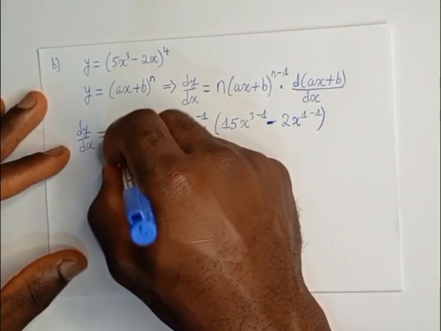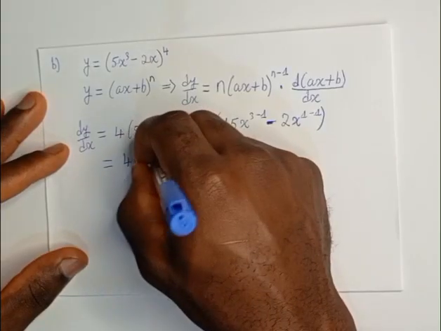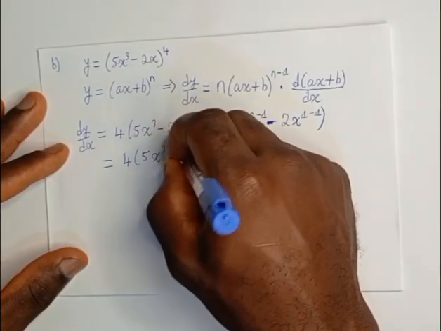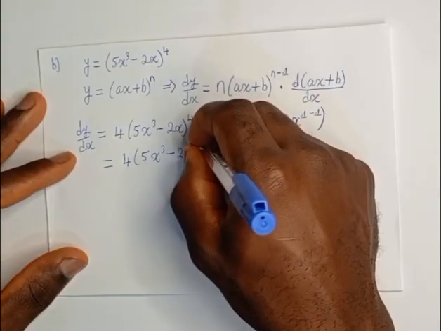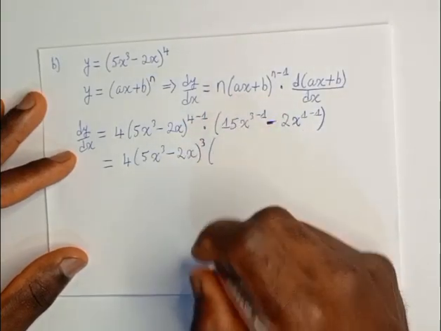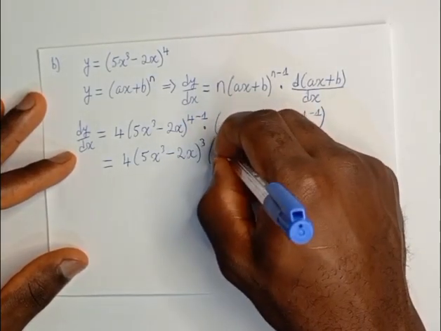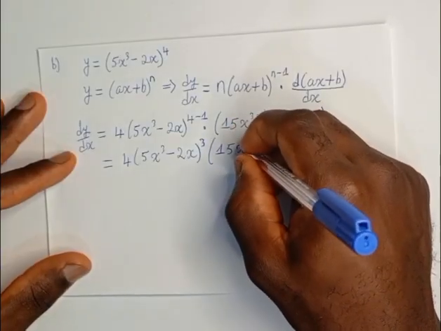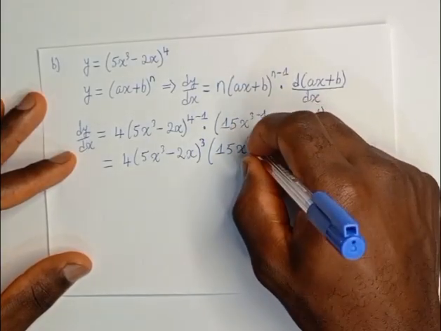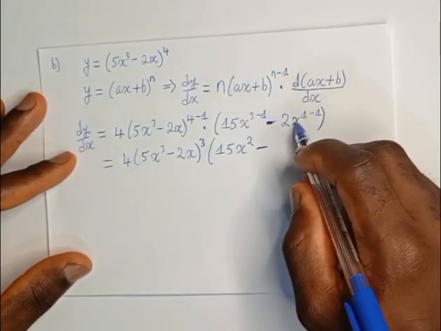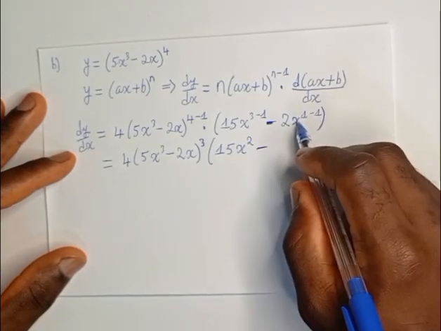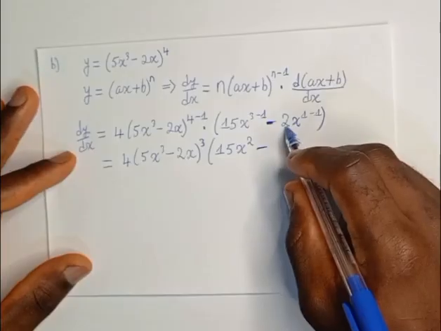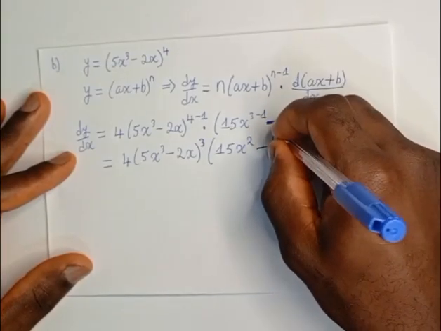This will simply be equal to 4 times 5x cubed minus 2x, all this raised to the power 4 minus 1, which gives us 3, times 15x raised to the power 3 minus 1, which gives us 2, minus 2 times x raised to the power 1 minus 1. 1 minus 1 gives us 0. x raised to the power 0 is 1 times 2, it remains 2.